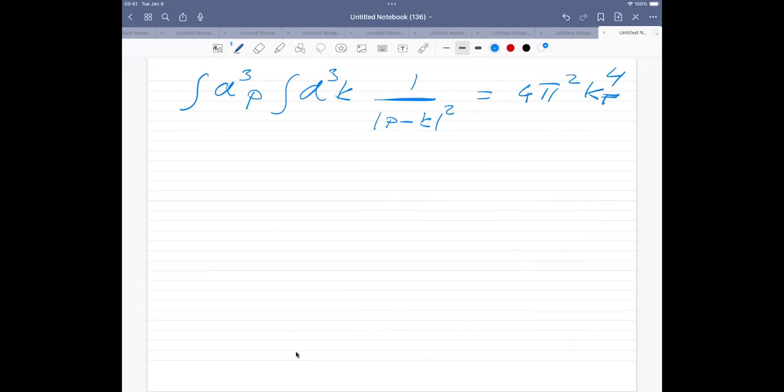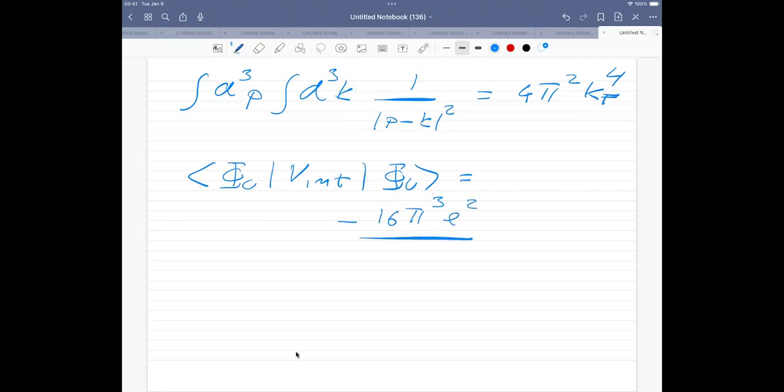And when I collect everything, this expectation value, phi 0, of the electron-electron interaction of phi 0, is simply given by minus 16 pi squared, pi cubed actually, because I had another pi factor, e squared divided by, actually, let me just write the final expression. This is equal to minus e squared v kf to the power of 4 divided by 4 pi cubed.